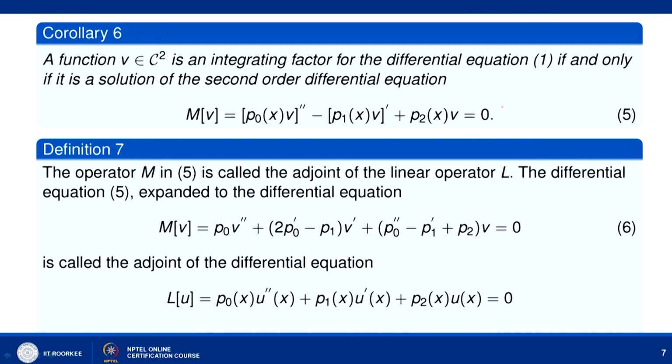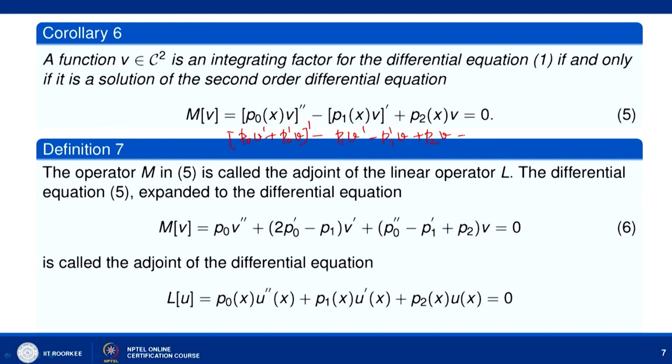Now if you simplify this, we can get a relation like this. We can get this as p0 v dash plus p0 dash v, one derivative, minus p1 v dash minus p1 dash v plus p2 v.